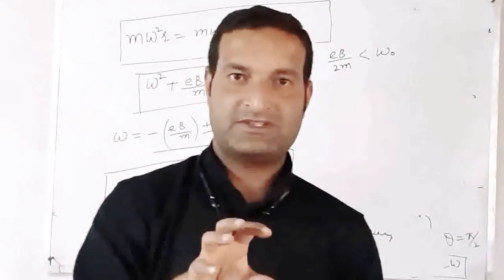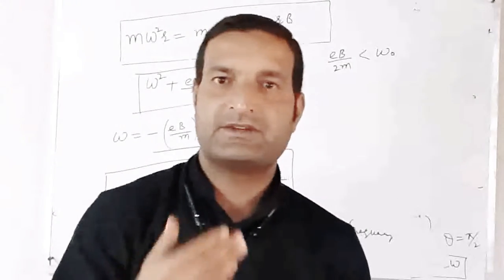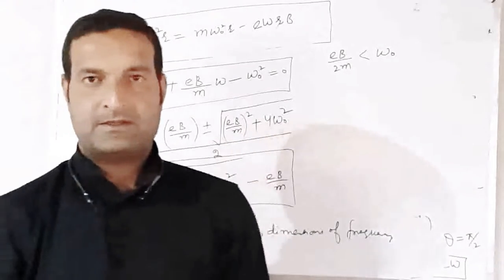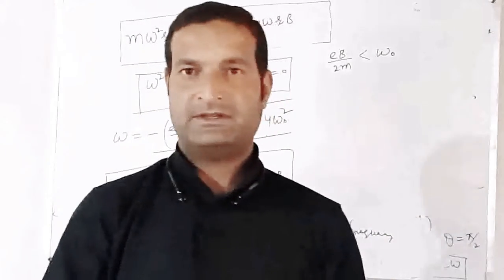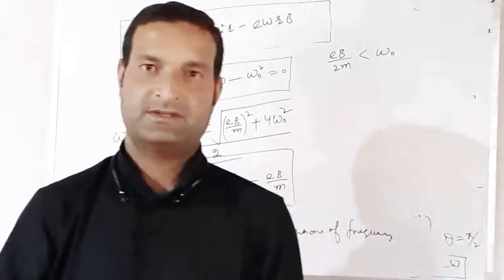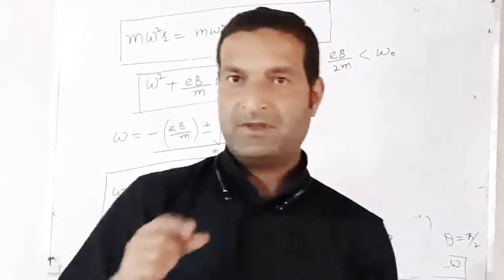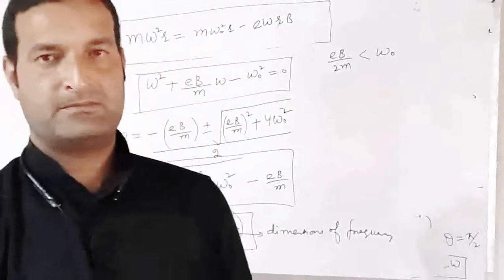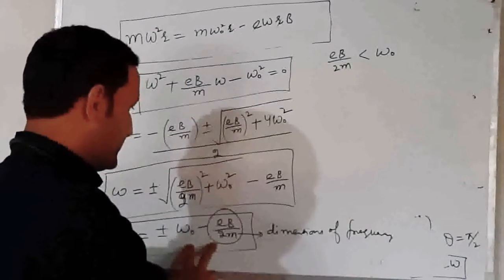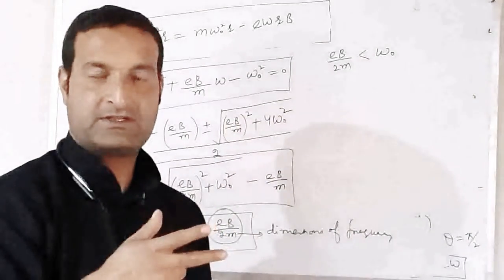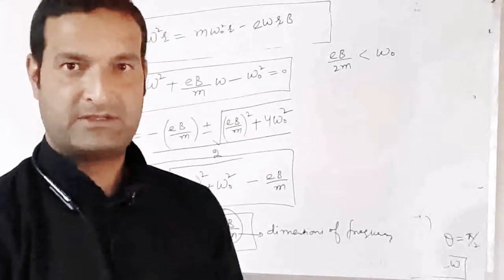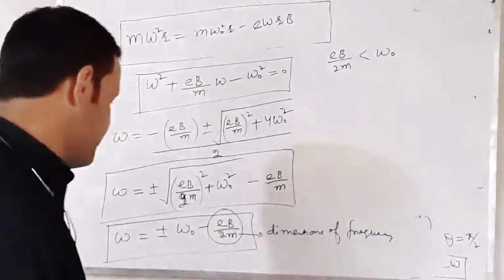This change in frequency will give rise to an additional dipole moment within the material. In the absence of magnetic field, dipole moments are present within the material, but they are in random directions. But when we apply an external magnetic field, there is a change in the frequency of the electron. This creates an additional current, and this additional current creates a magnetic dipole moment within the material.